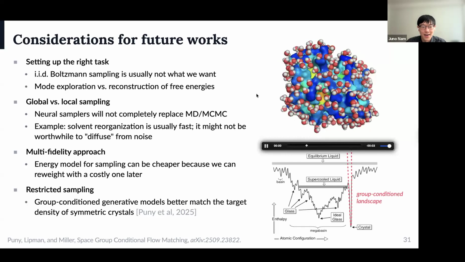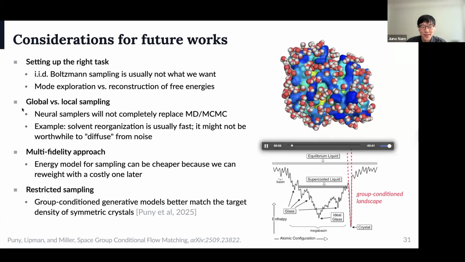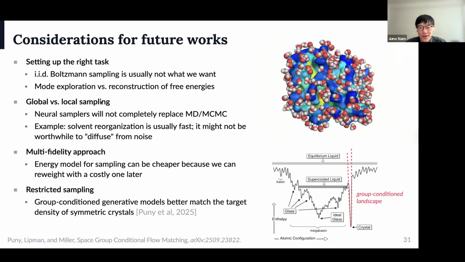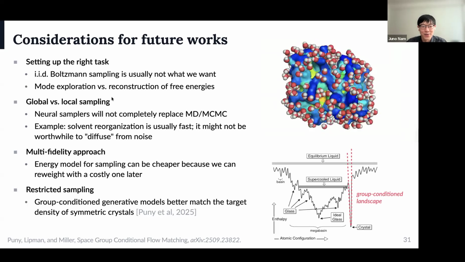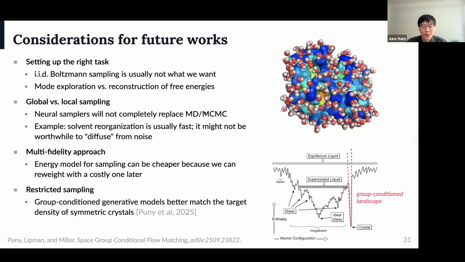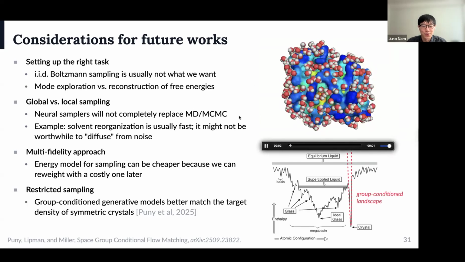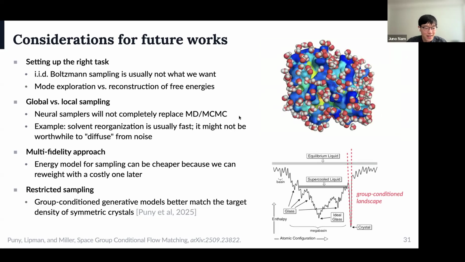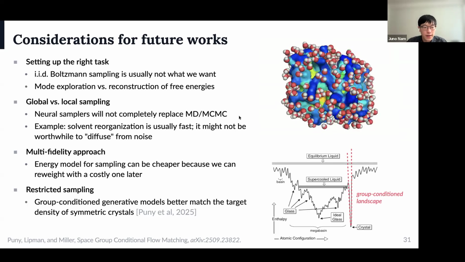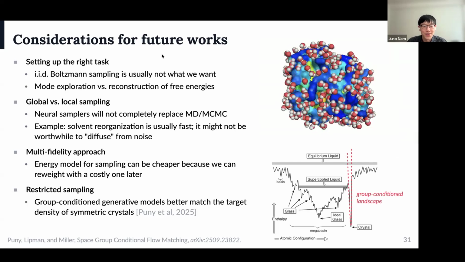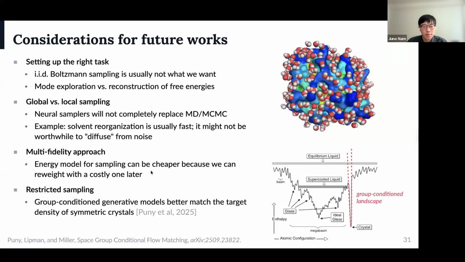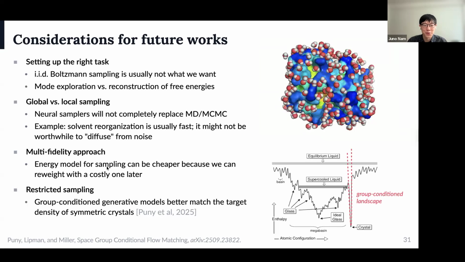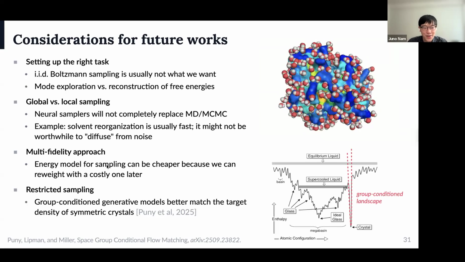And yeah, we have to separate this global versus local sampling and think about which kind of sampler is required for the current system, or whether there's a way to coarse-grain unimportant parts of the system in the sampler setting. And there are a few other directions, like a multi-fidelity approach where we can train a sampler with a cheaper energy model and reweight with hopefully a better one later.